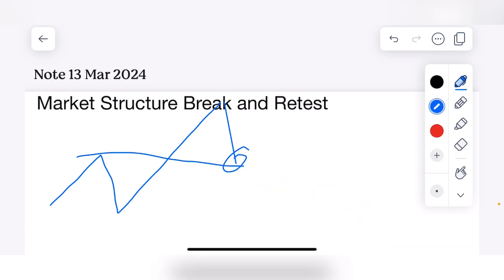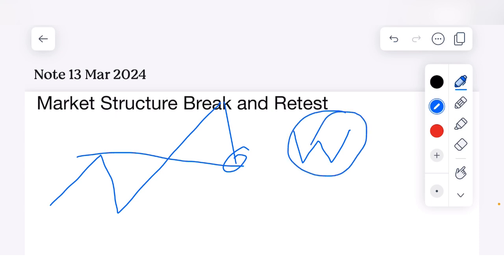So this is what you do. These are the confirmations. Either you wait for a double bottom, like a W shape, right? We are in a bullish market. We are in the uptrend, and then the market has come back to where it got broken. To take a trade, you must look for confirmations, and this is the confirmation that you should be looking for: the double bottom confirmation.